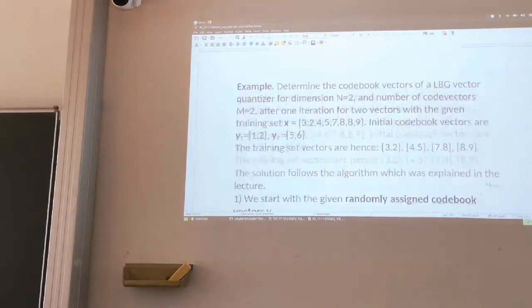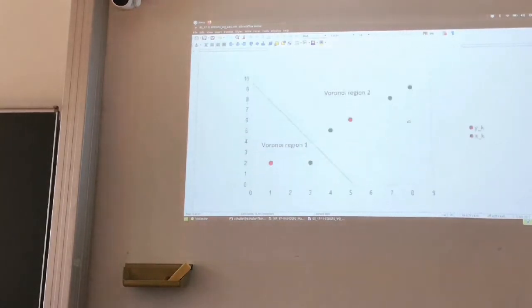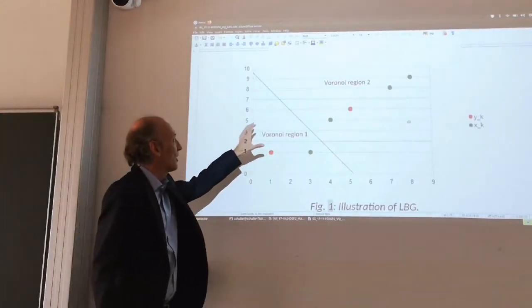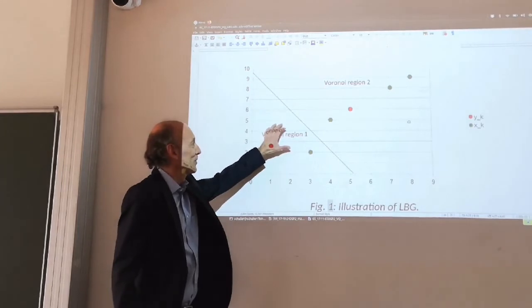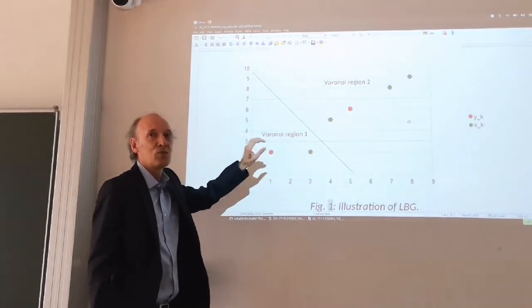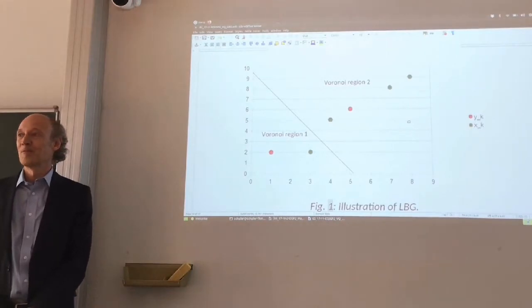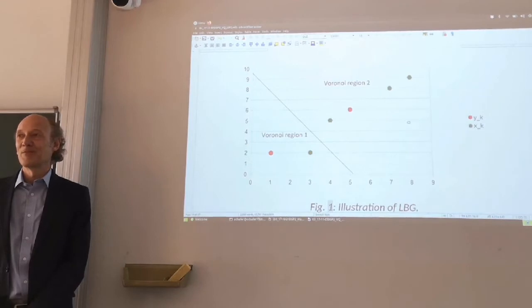So going back to our example, what's the average of all signal vectors which fall into this Voronoi region 1? We have only one, so it's that one. We don't have to compute the average.